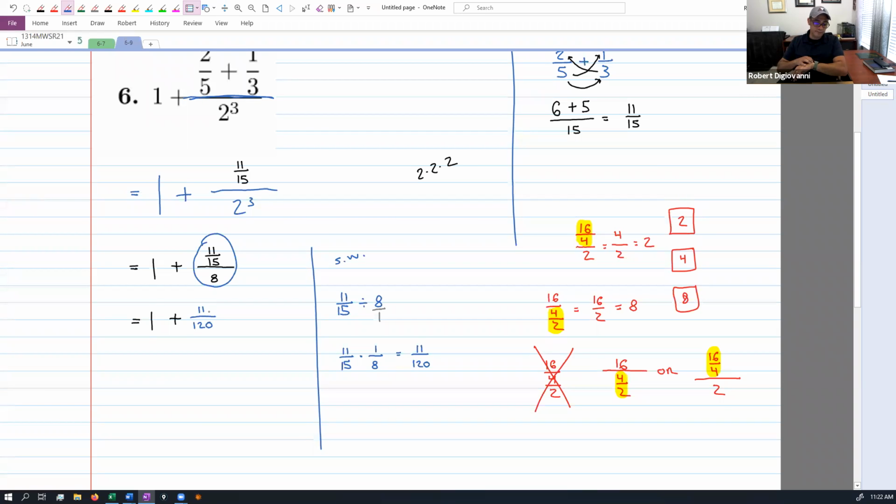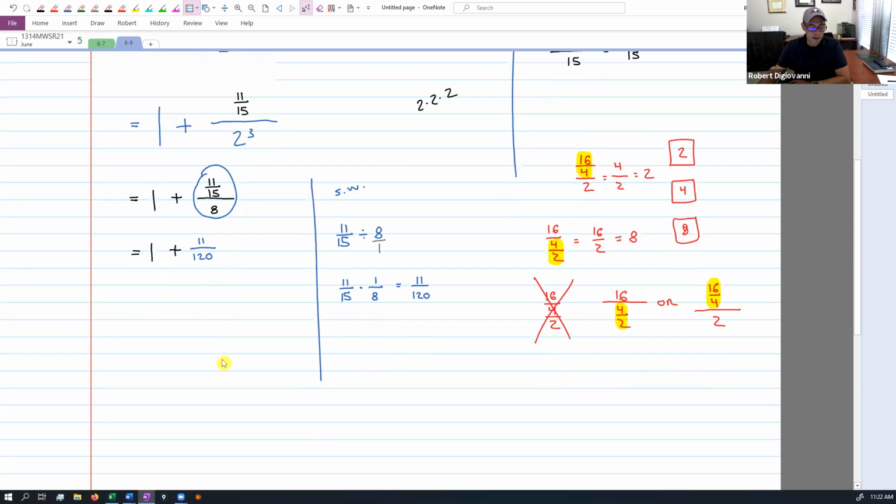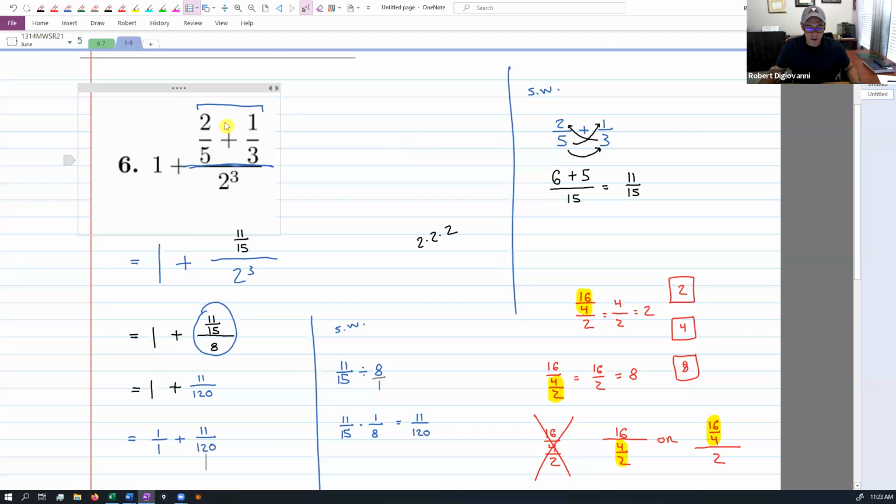We're almost there. Now we have to add these two together, right? The way we can add these together is by looking at them as both being fractions. So I'm going to rewrite 1 as 1 over 1, and then 11 over 120 is just itself. Then I'm going to do what I did earlier. Remember when I added these two fractions up here together?